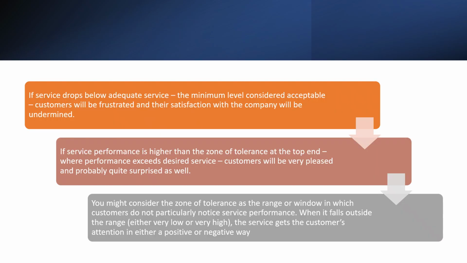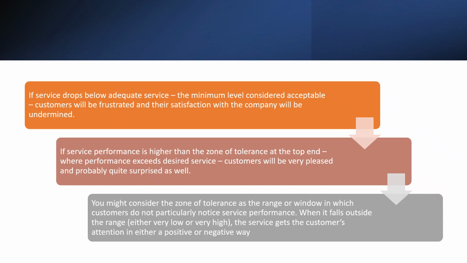And so we see that if service drops below adequate service, which is the minimum level considered acceptable, customers will be frustrated and their satisfaction with the company will be undermined. But if service performance is higher than the zone of tolerance at the top end, where performance exceeds desired service, customers will be very pleased and probably quite surprised as well.